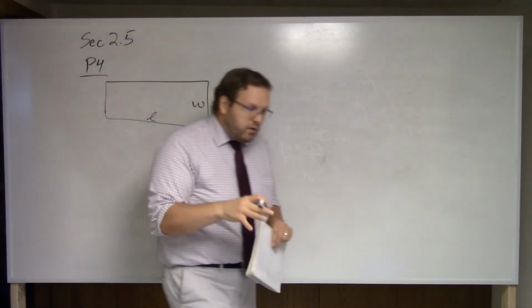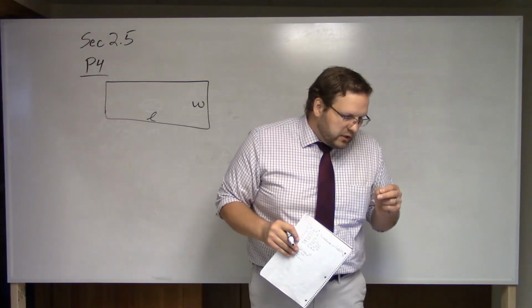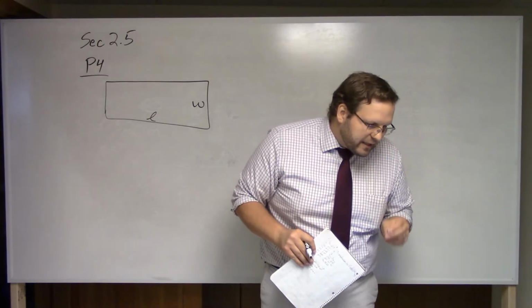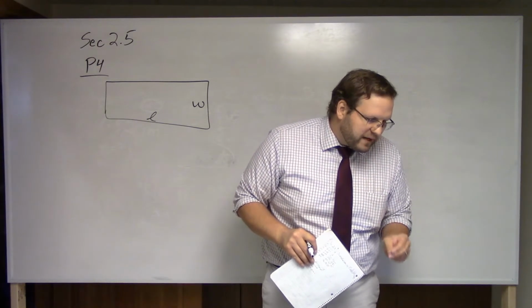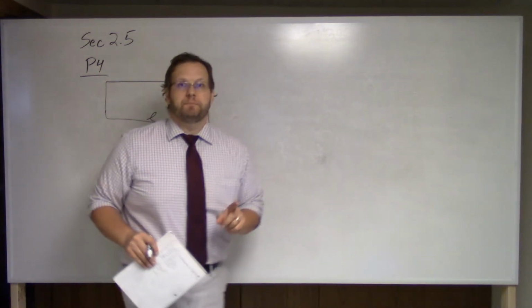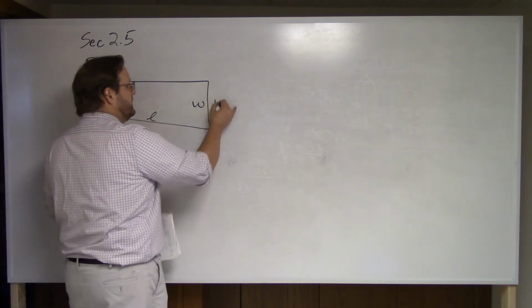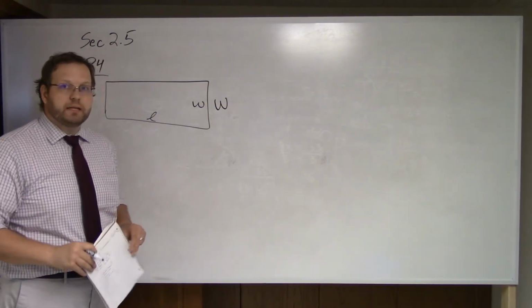Now let's see what kind of detail they give us. The new street signs have a length that is 3 inches more than 5 times the width. Which did they say nothing about? They mentioned length and width, but they didn't describe the width. So I'm going to leave that as a W. That's my variable.